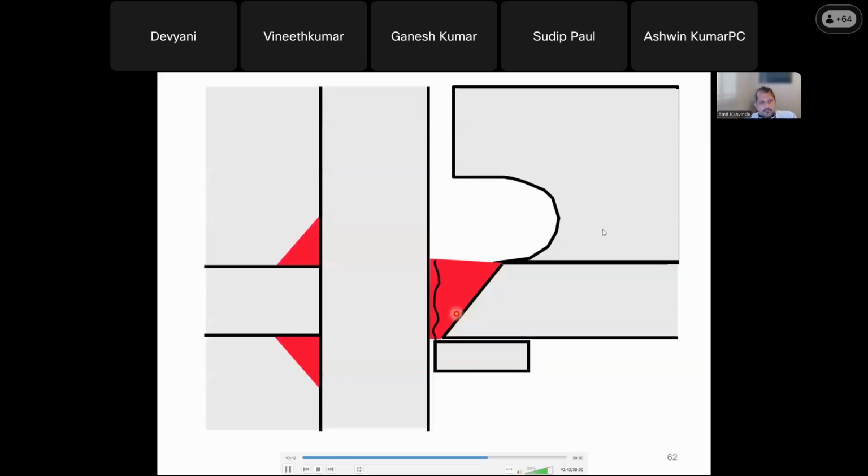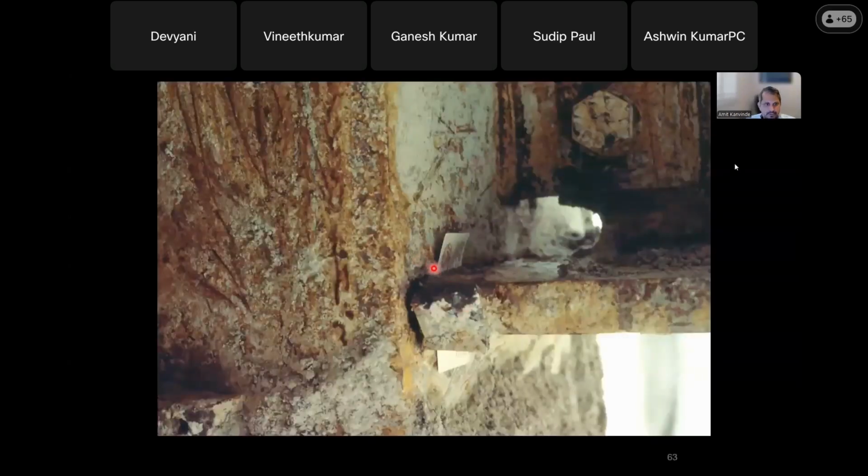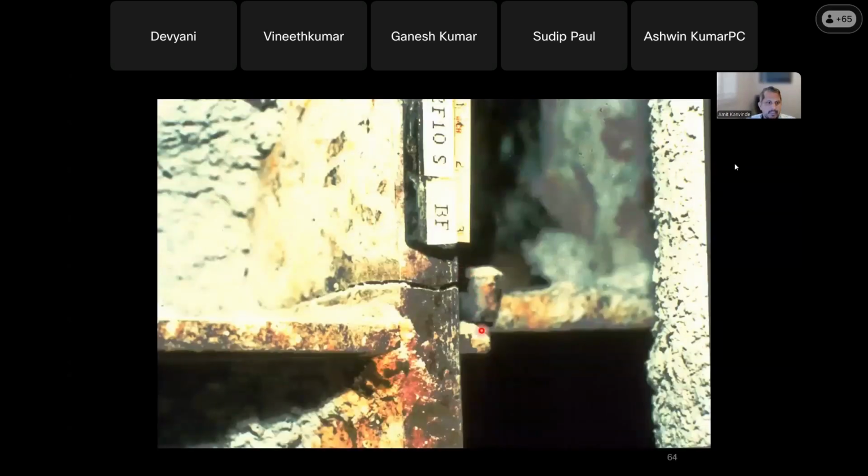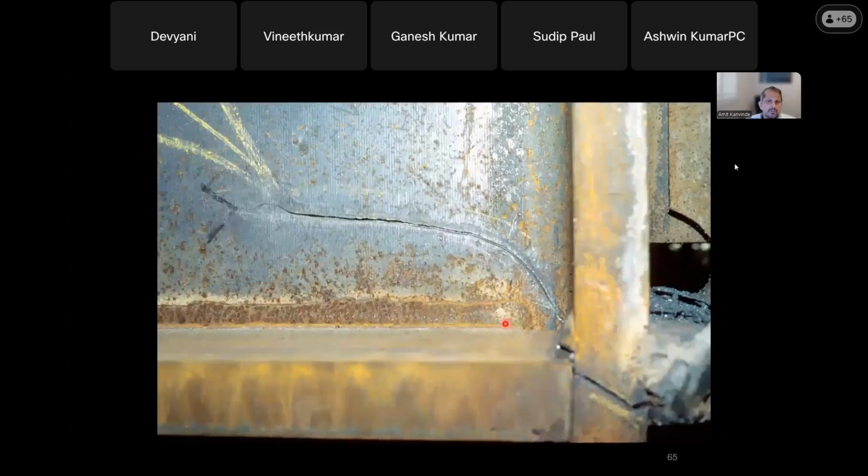You basically had these fractures come up from the lower flange connection. Here's somebody who's actually put their business card in the little fracture to show you where the fracture is. Here's another example of fracture. Again, this is the column, this is the lower flange of the beam, and you get a fracture. Here's another one.